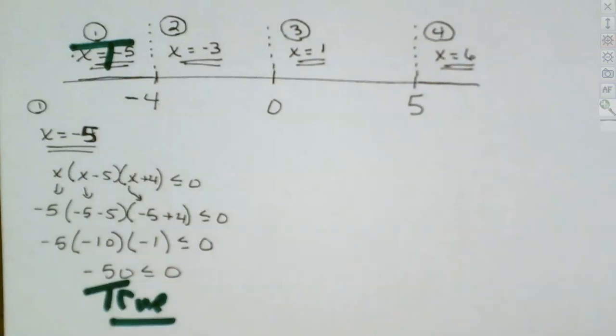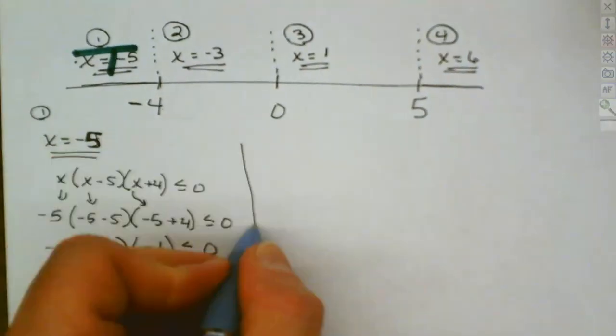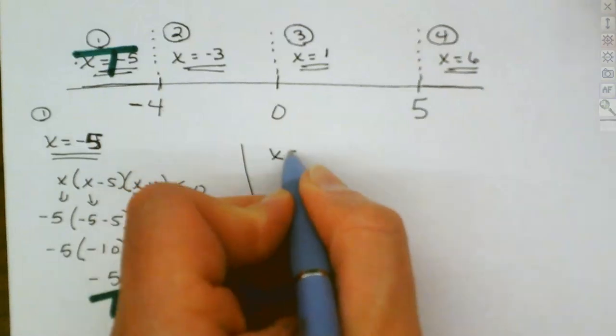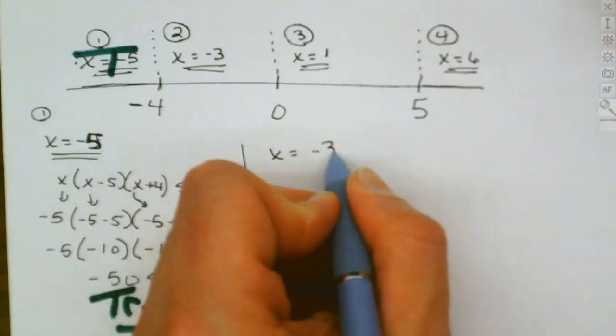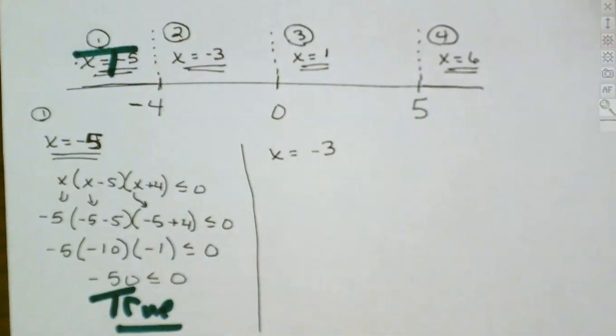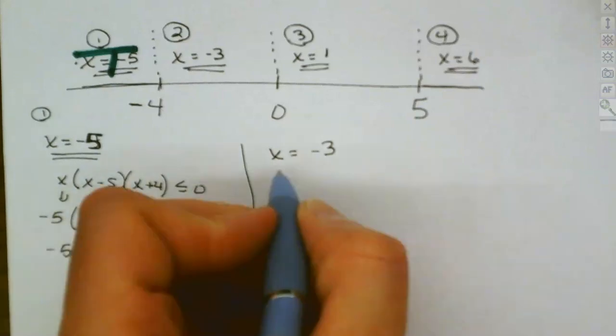So that region is true. Now we do the next region. Most of the time, they will switch back and forth, but you always have to check, because in some cases they may not. So you always have to check them all.